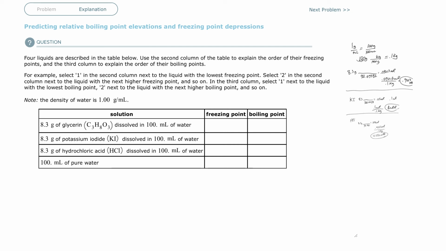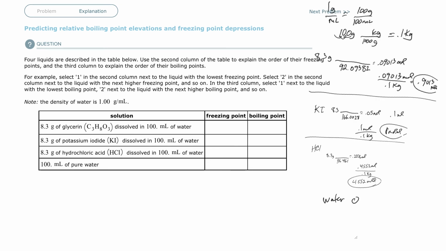The pure water doesn't have any molality because there's nothing dissolved in it. So water will be 0. All right, let me write it here beside so we remember what we've got.